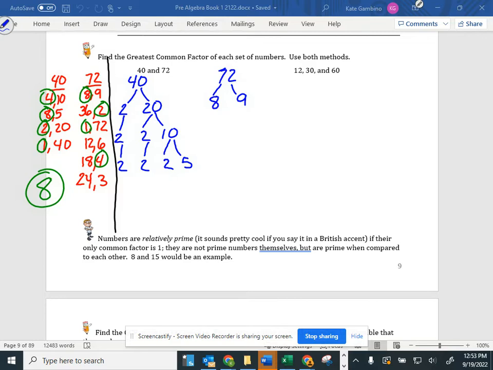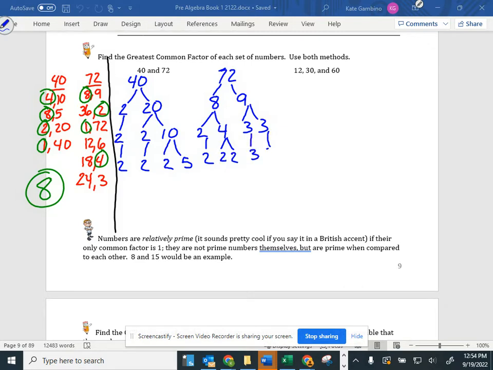No, I can break them down farther. What can I break my 8 down into? Evan? 4 and 2. What can I break my 9 down into? 3 and 3. Okay, so 2 is a prime. I can break my 4 down more, right? 4 can be 2 and 2.